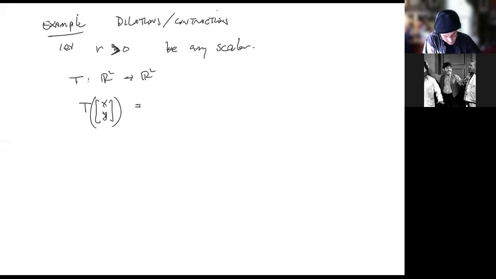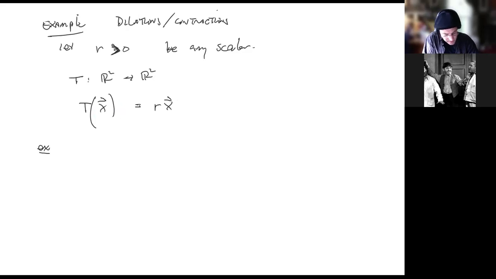Let me do it without specifying a matrix version. Let me just say T of vector X is r times X. Scalar multiplication.